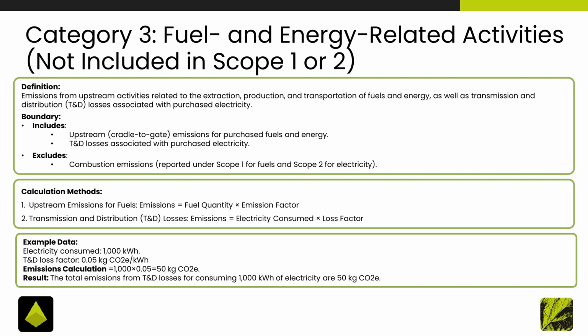For example, if electricity consumed is 1,000 kilowatt hours and transmission losses are 0.05 kilograms of CO2 per kilowatt hour, this results in emissions of 50 kilograms of CO2. Understanding these nuances ensures more comprehensive emissions management.